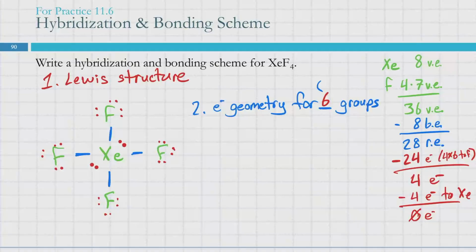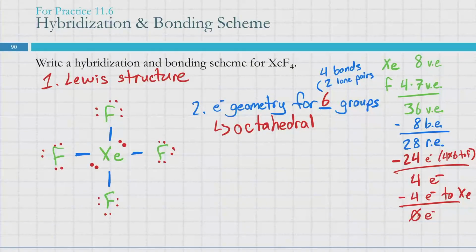That 6 is made up of 4 bonds and 2 lone pairs. The type doesn't matter for us for this particular question at this time. So our electron geometry for 6 groups is going to be octahedral.